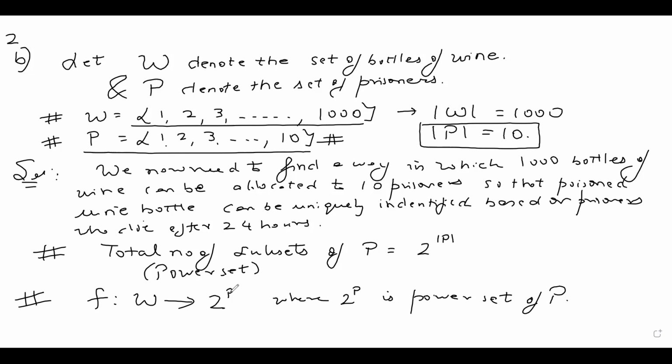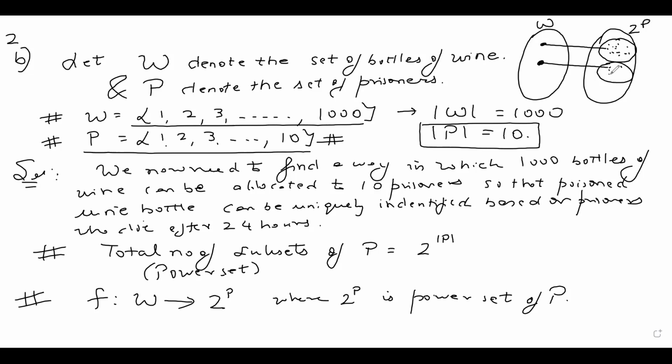Or I can put it another way, every bottle of wine. If I show it to you, basically this is W and this is 2 to the power P. So every bottle of wine goes to a group of prisoners. Every bottle of wine is going to go to a group.